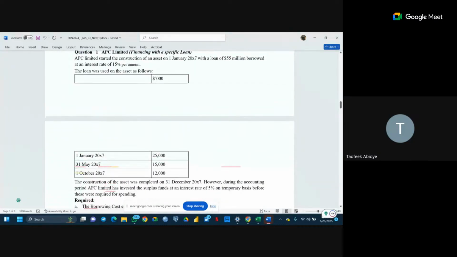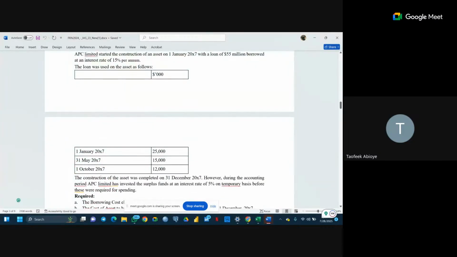We have the breakdown already on how they withdrew it. On January 1st, they withdrew $25 million. Before the 31st of May, after withdrawing the $25 million, they had remaining funds in their bank account.